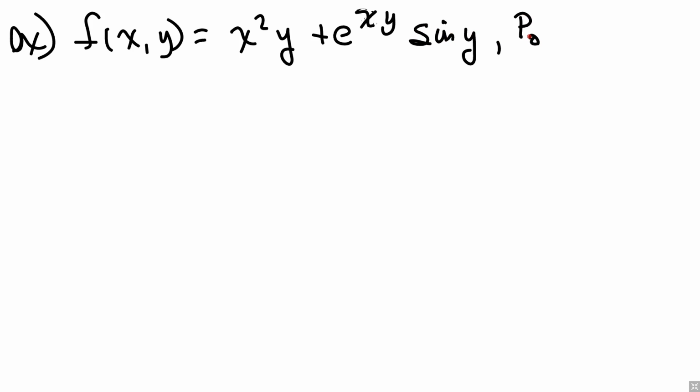And the point we are given is (1, 0). All right, so in order for us to do this, the first thing we're going to do is find the gradient of f.